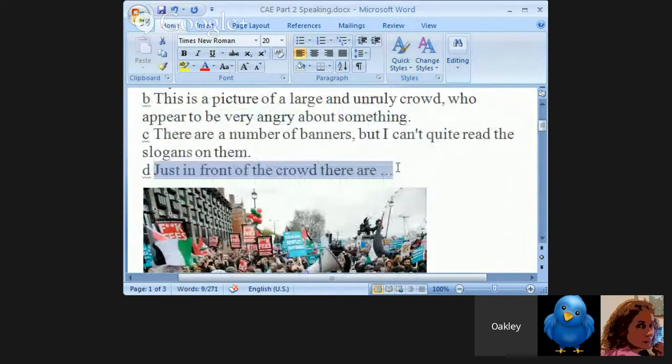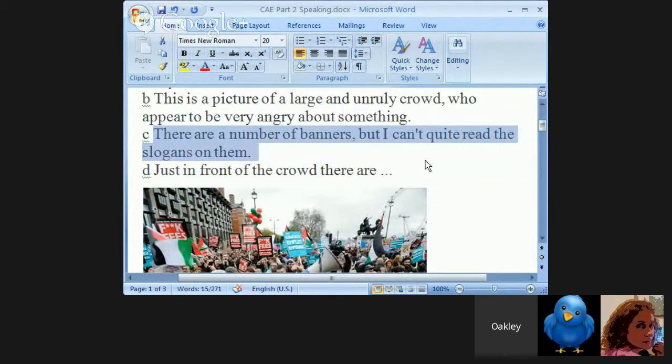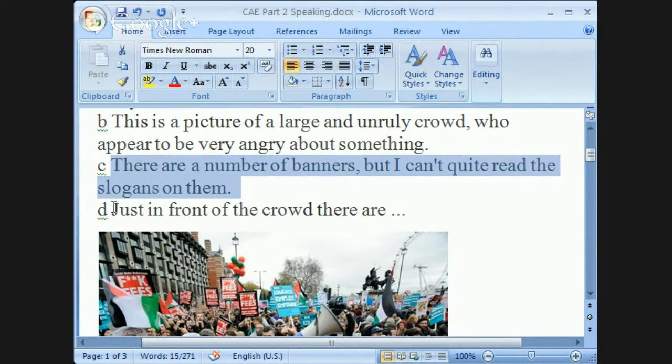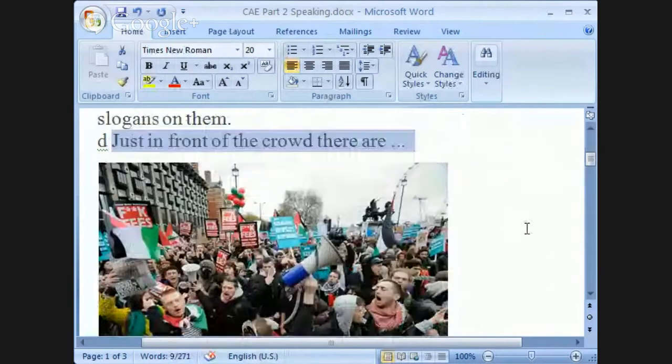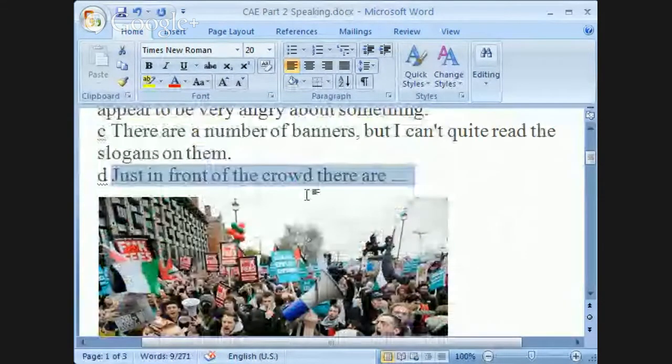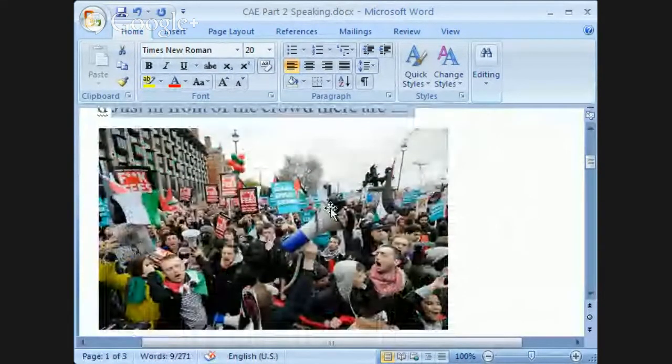It seems that D and C are probably sentences you would use in the middle of your discourse. So when you're describing your picture, a little bit of an introduction, a general statement would be nice. When you're actually describing it, you can use terms like just in front of the crowd, or you can actually describe the picture by using picture words.